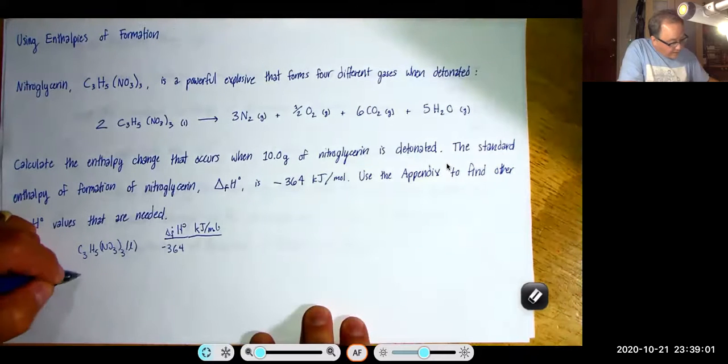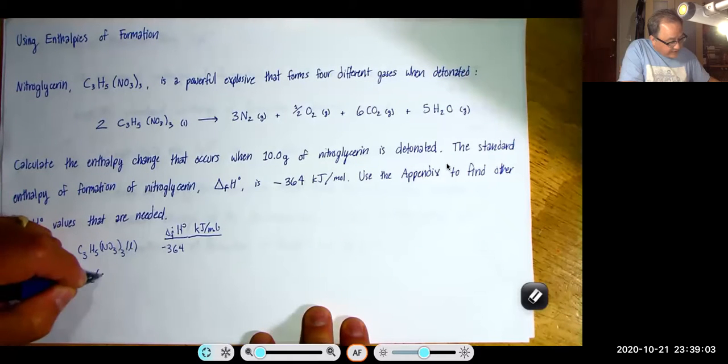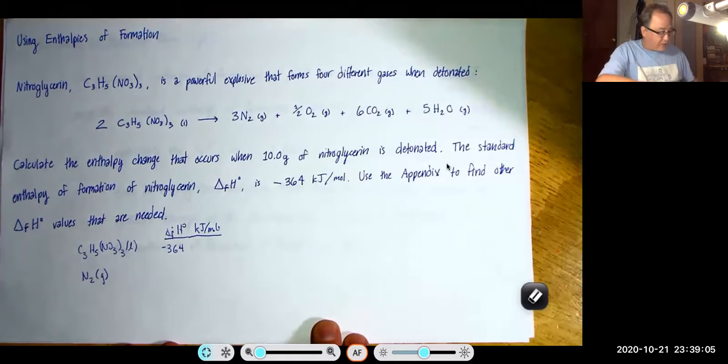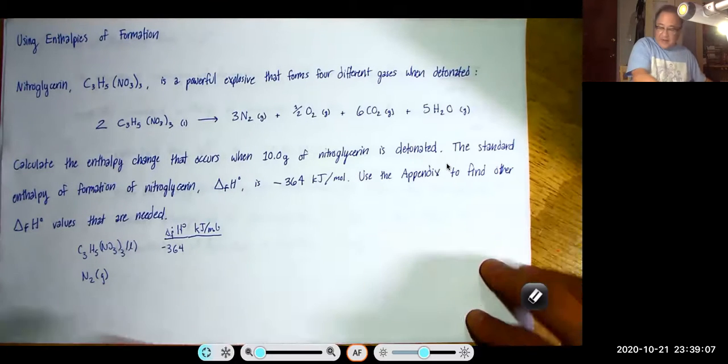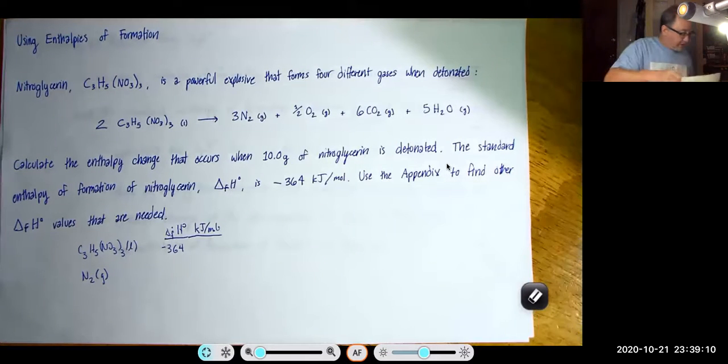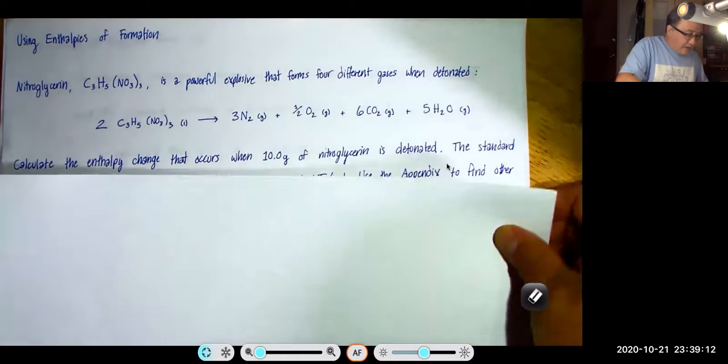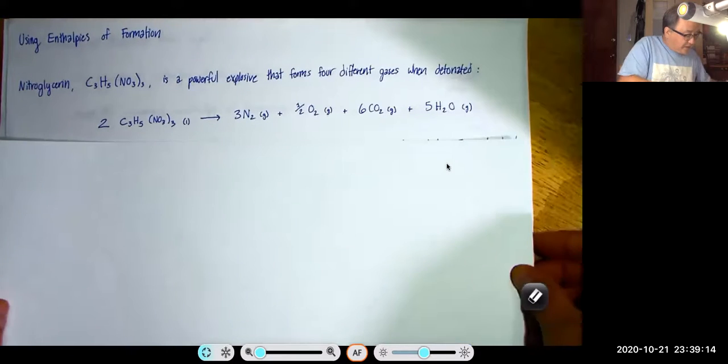So what about N2? What is the standard enthalpy of formation for N2? Well, maybe it would help for us to write out the reaction a little bit. And what I'm going to do here is go ahead and write this out on a separate piece of paper.